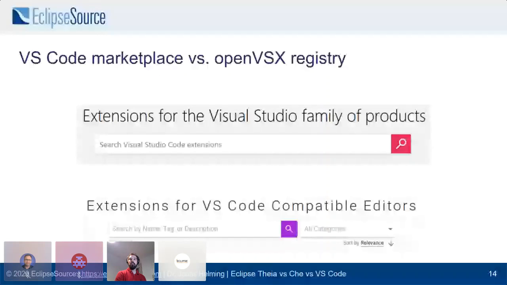With that, I could still claim, okay, there are more extensions for VS Code. Technically VS Code is the winner. However, that will probably change a little bit over time if OpenVSX fills up even more. And at the end, it really depends on which extensions you actually need.